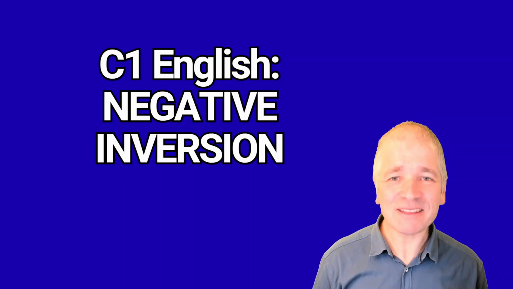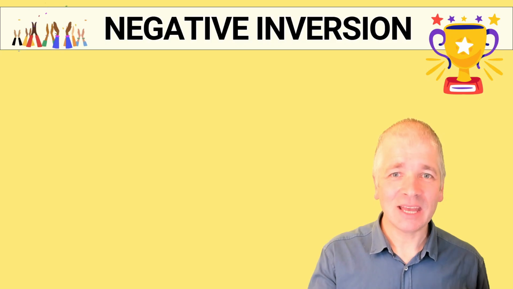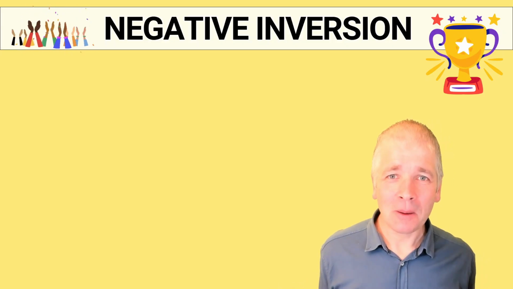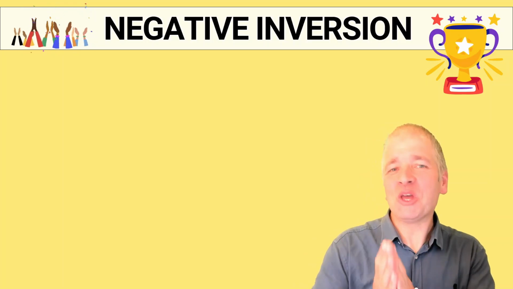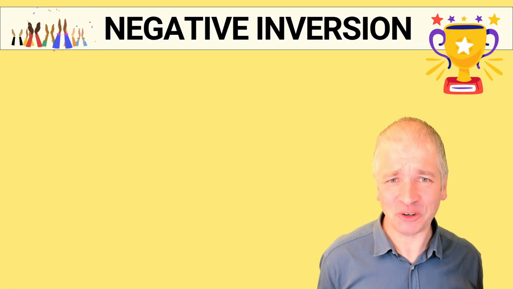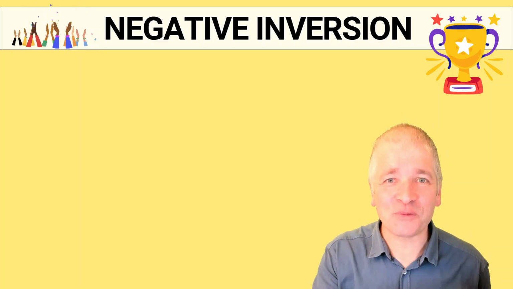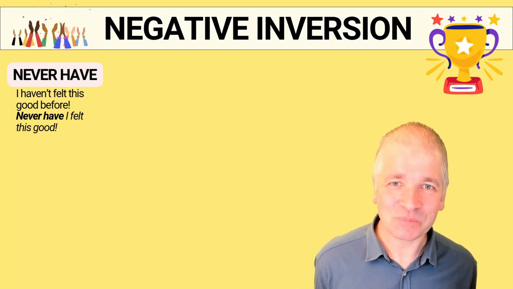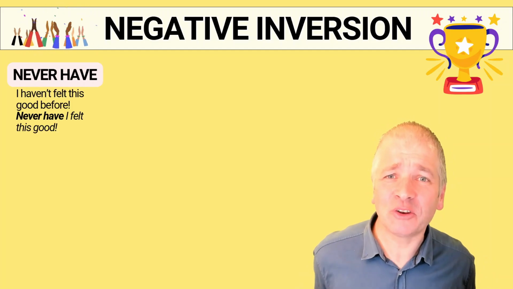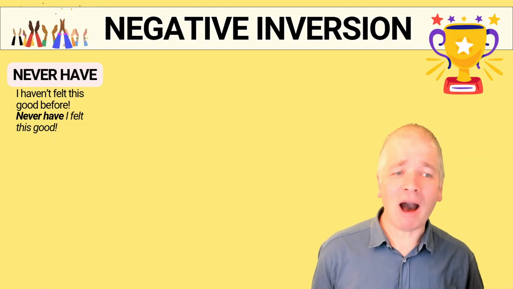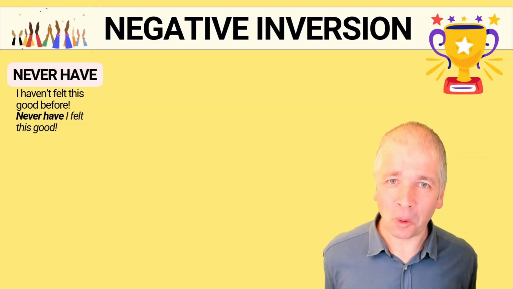Now for negative inversion. It's wonderful when you win something, isn't it? People give you applause. You can win a trophy. Let's look at how we can use negative inversion to describe those feelings, starting with never have. A typical sentence to describe it when you're feeling really good could be, I haven't felt this good before.